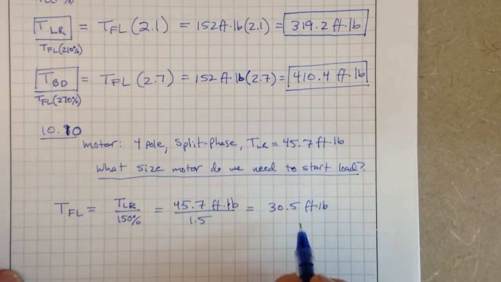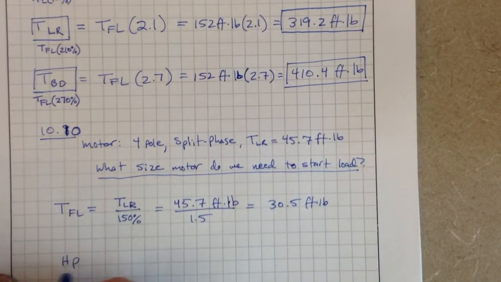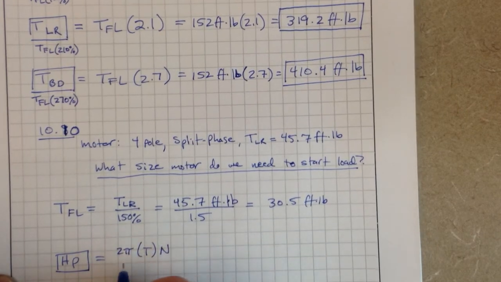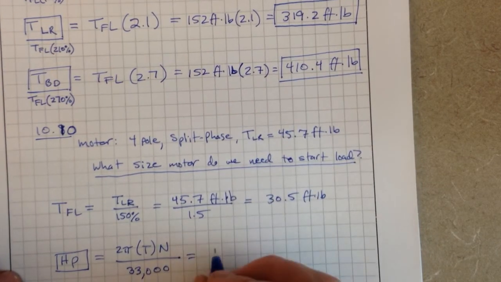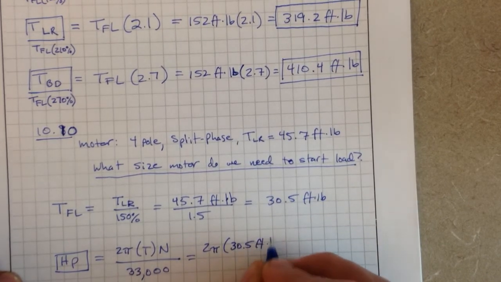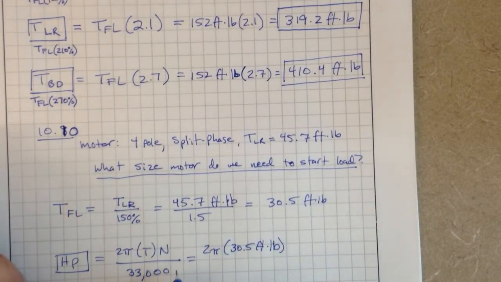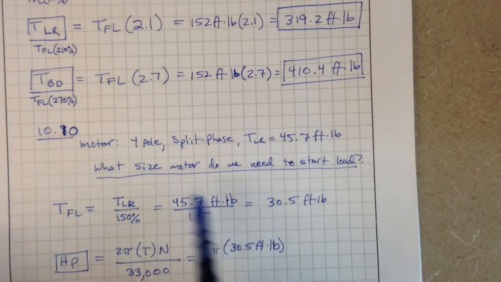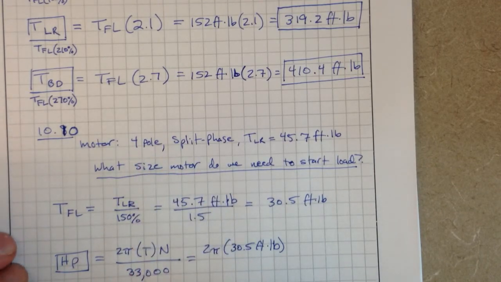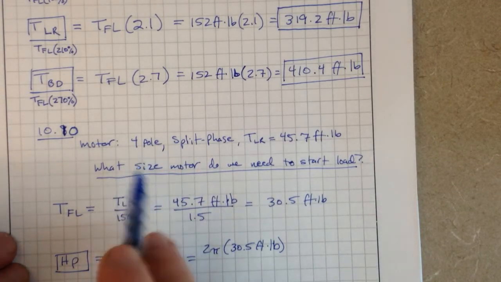We can take this full load torque and put it into our horsepower equation because we're trying to find the horsepower. Horsepower is 2 pi times torque times rotational speed divided by 33,000. Okay, so we just fill in the equation here. 30.5 foot-pounds. Our speed, we weren't given it directly, but we can look at table 10.1 to find our speed at a 4-pole motor.